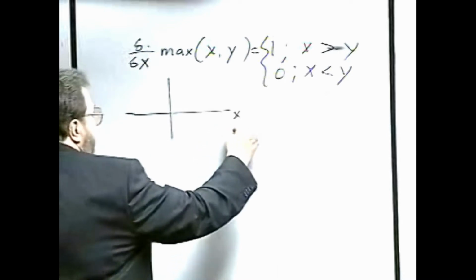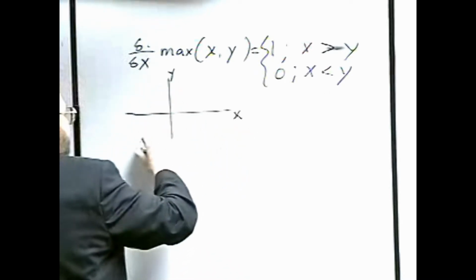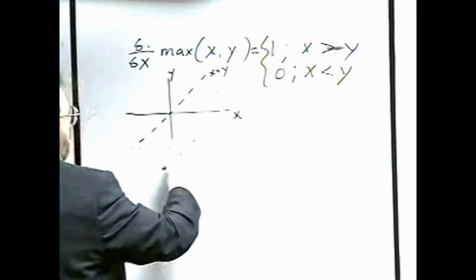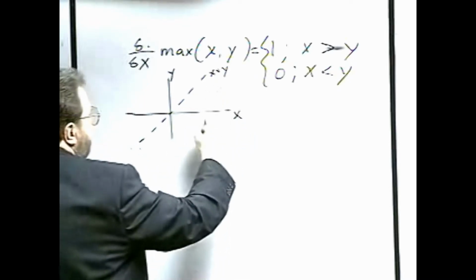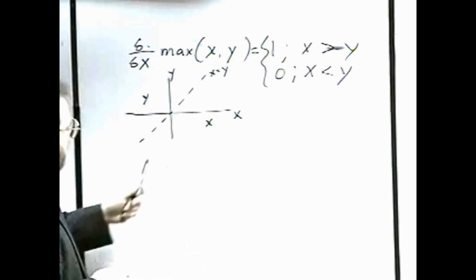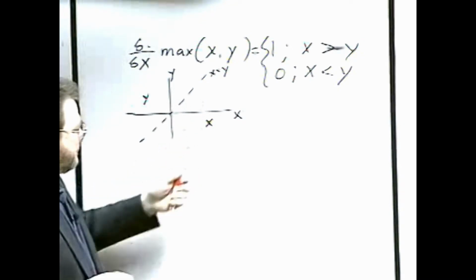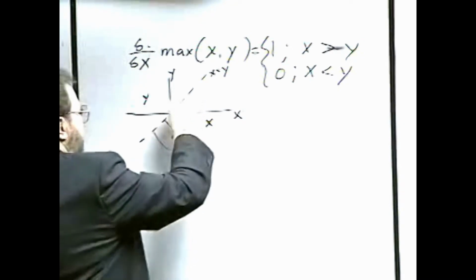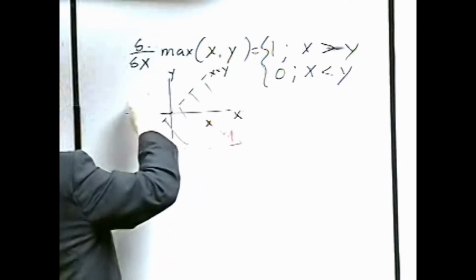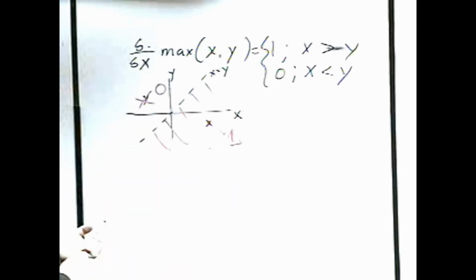The idea is if you have an x and a y here, right along here is the value where x is equal to y. Over here, x is the maximum. Over on this side of the dashed line, y is the maximum. So if we take a partial of x with respect to x on this side, we get a 1. If we take a partial of x with respect to y on this side, we get a 0.